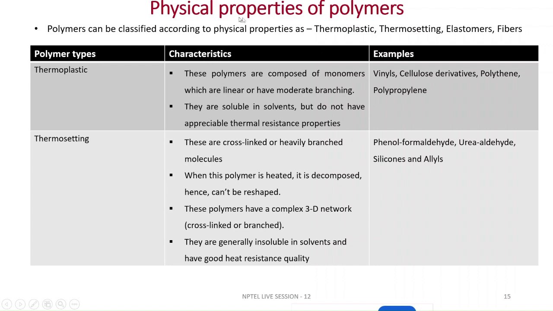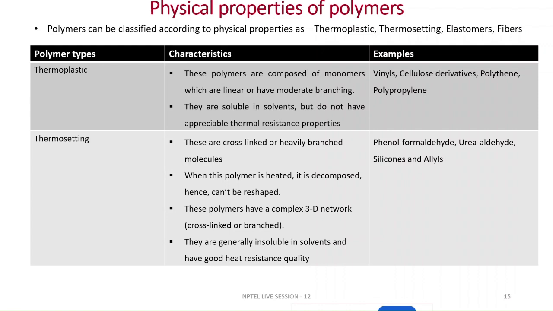So now we will discuss the physical properties of the polymers. Physical properties include odor, hardness, density, weathering properties, also thermal properties, electrical properties like resistivity, dielectric constant, power factor.